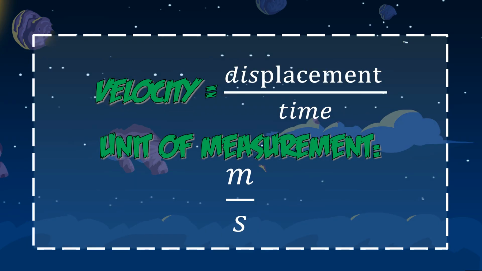The formula for velocity is displacement over time. The unit of measurement is also meter per second.